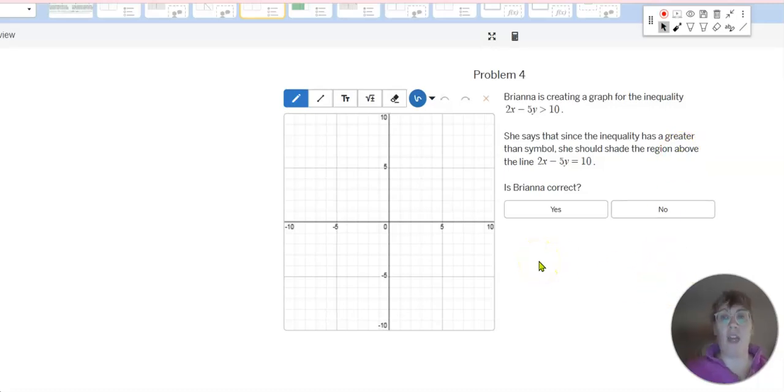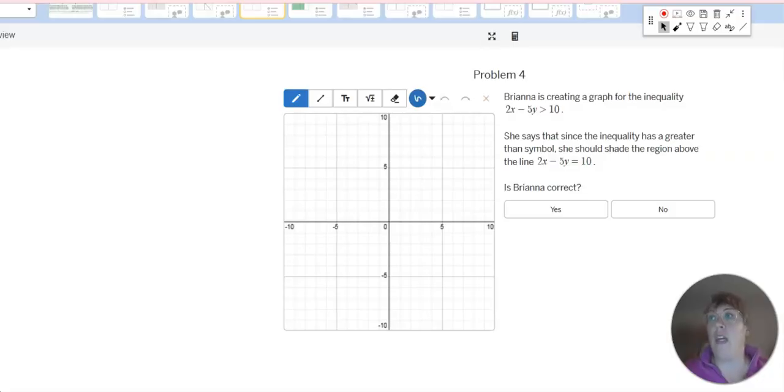It says Brianna is creating a graph for the inequality 2x minus 5y greater than 10. She says that since the inequality has a greater than symbol, she should shade the region above. Is she correct? So what we're going to start to notice is we can solve these inequalities and get y equals, right?